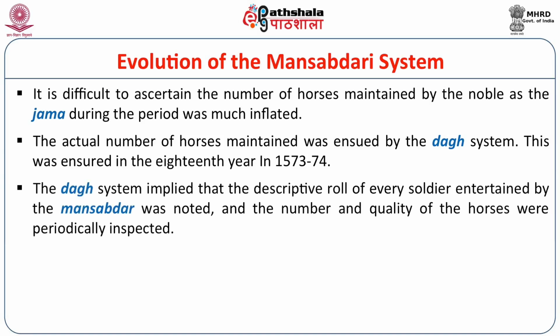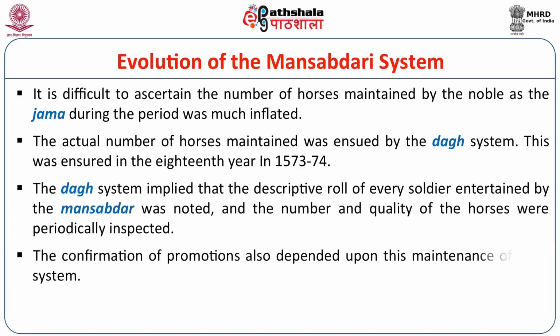The Dag system implied that the descriptive roll of every soldier entertained by the Mansabdar would be noted, and the number of horses would also be periodically inspected along with the quality of the horses. The confirmation of promotion also depended upon the maintenance of the Dag system.